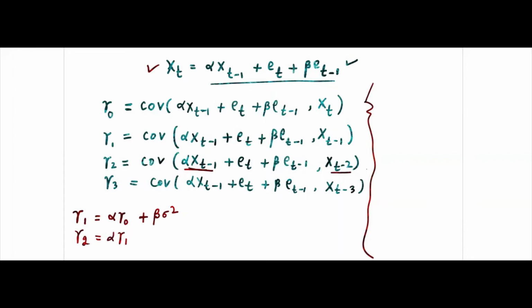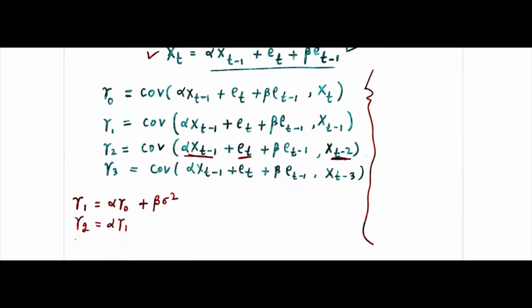Then xt minus 1, et with xt minus 2. In the xt minus 2 expansion, if you write it here, you can check, you will never get et. So again nothing you will get, because et is the white noise for today, and this one is 0 anyway. It's t minus 2, it's t minus 1.